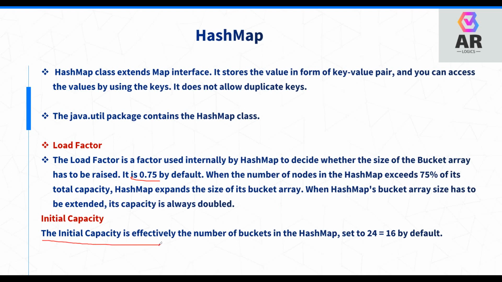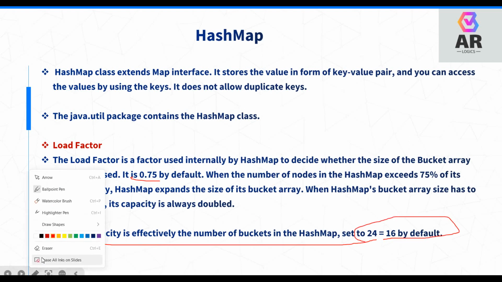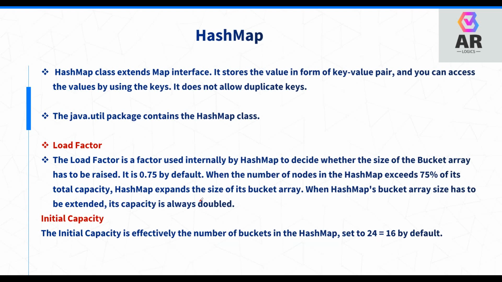The default hash map capacity is 16. Maybe they can ask you what a load factor is. When the load factor is exceeded, the bucket array has to be enlarged. The default is 0.75.